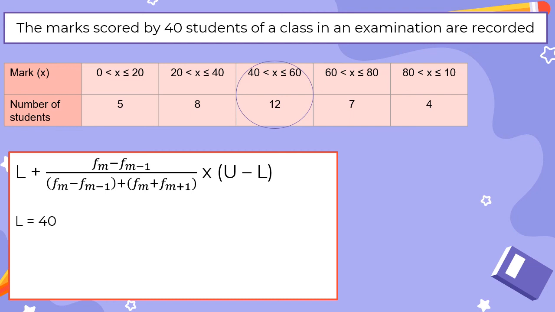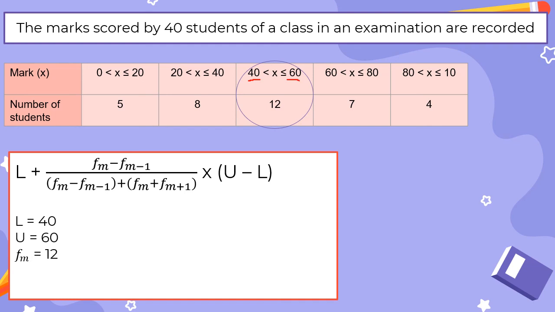For L, we're going to use the modal class, which is 40 to 60, or x is greater than 40 but less than or equal to 60, so the lower boundary is 40, the upper boundary is 60.